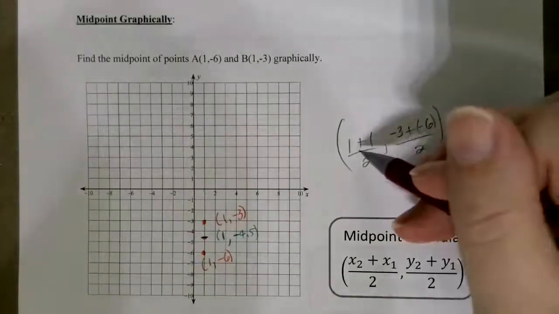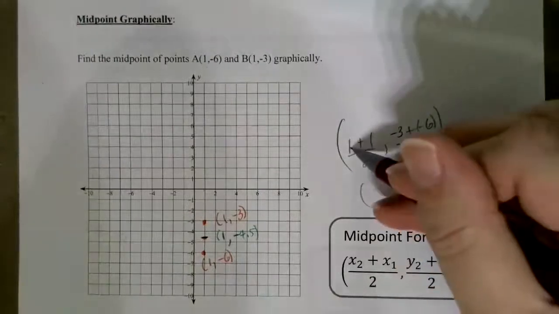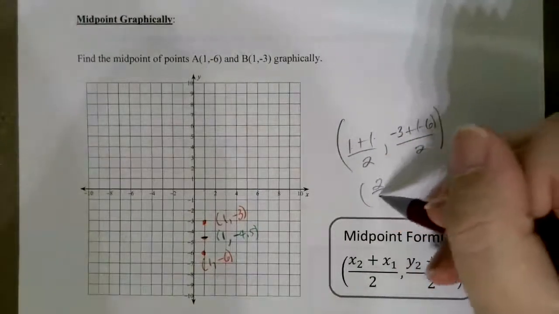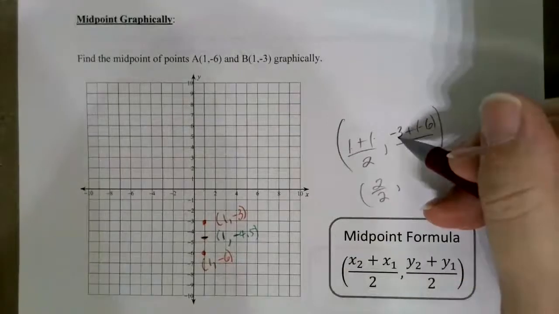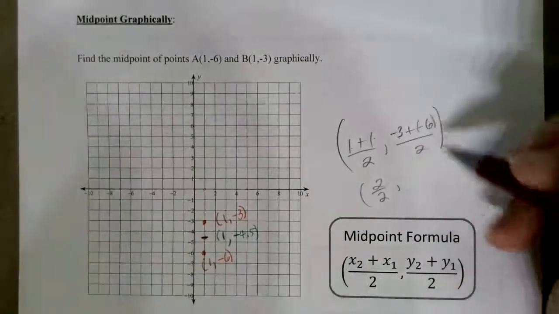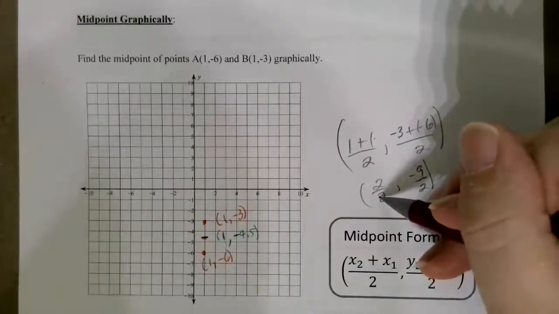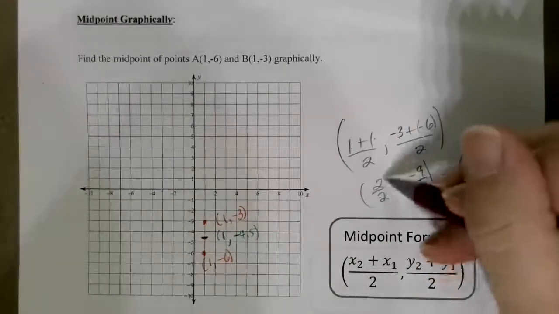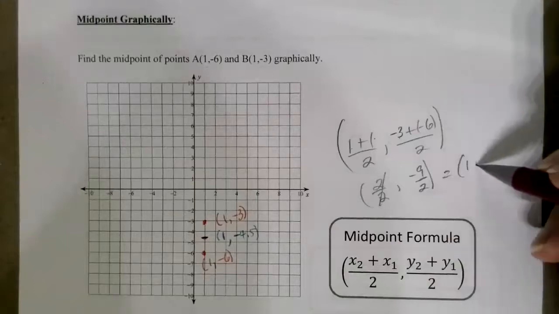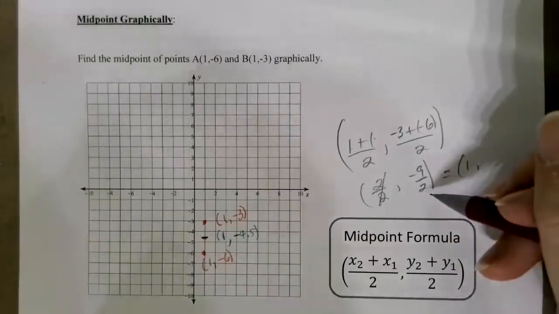And so this is going to be 1 plus 1 is 2, -3 plus -6 is -9 over 2. This right here reduces to 1. And if you want to leave this as -9/2, you can.